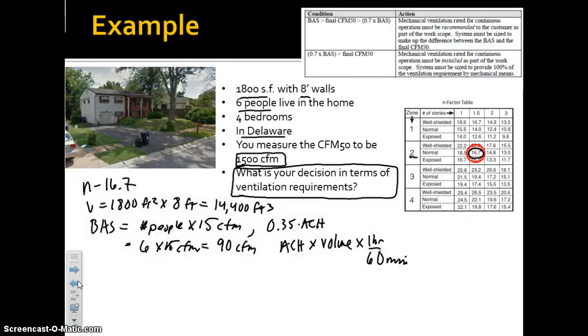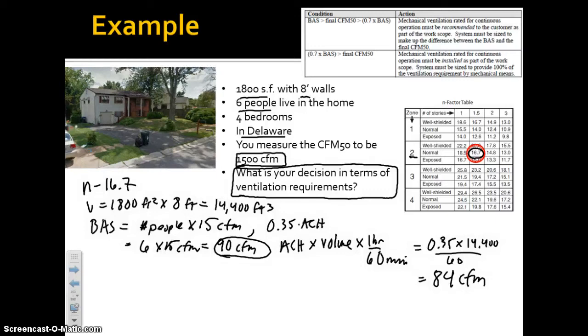It's going to give us 0.35 times our volume, 14,400, divided by 60, and that gives us 84 CFM. Okay, so we have 84 and 90, and remember we go with the higher of the two, so we're going to go 90. So that 90 CFM is our BAS.